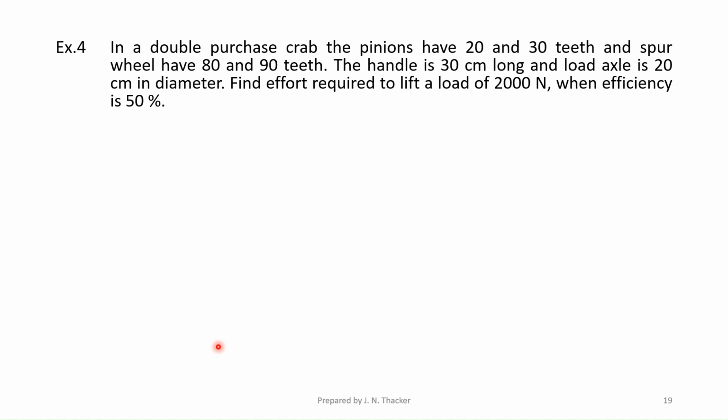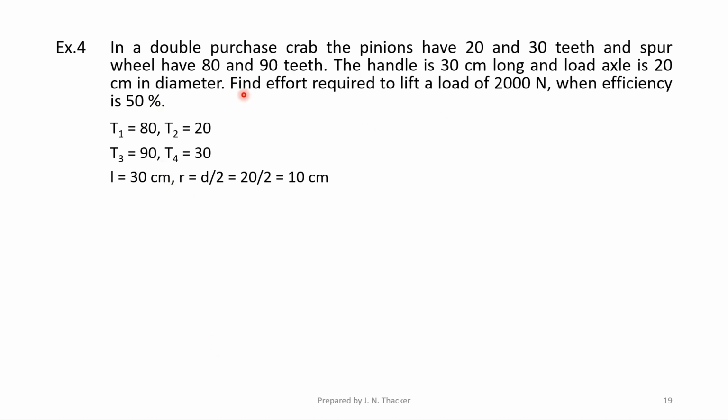So first we will need to calculate the VR. For that, data given is, so your teeth in the spur wheel are 80 and 90. Those are your T1 and T3 value. So T1 is 80, T3 is 90. And teeth in pinions, that is 20 and 30, these are T2 and T4 values. So T2 is 20 and T4 is 30.